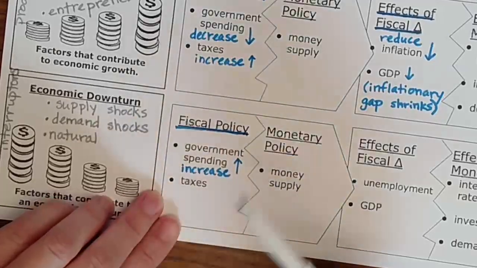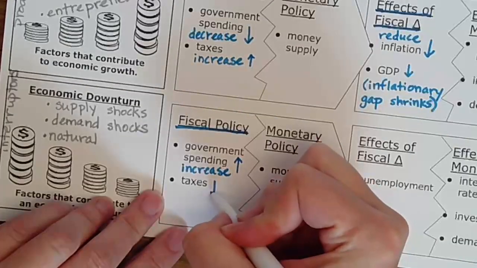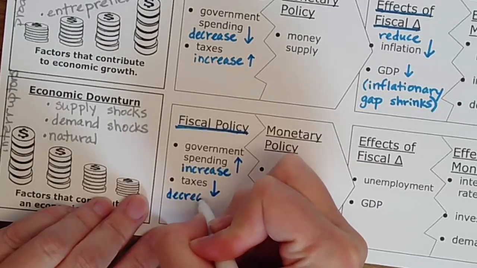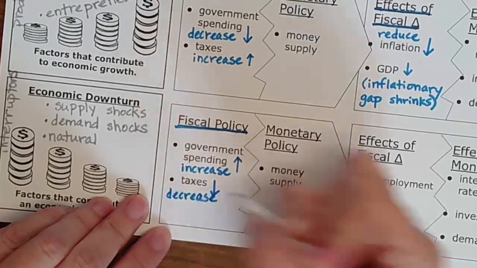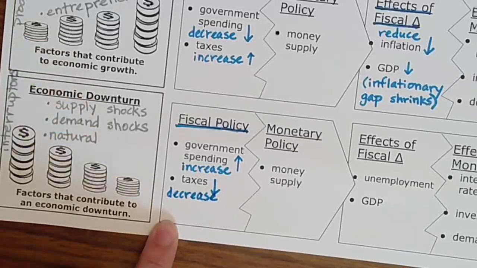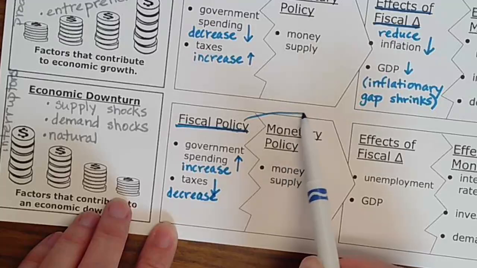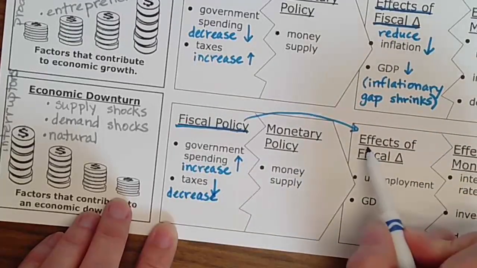And the taxes are going to decrease because we want people to keep their money and spend it. So, decrease in taxes.